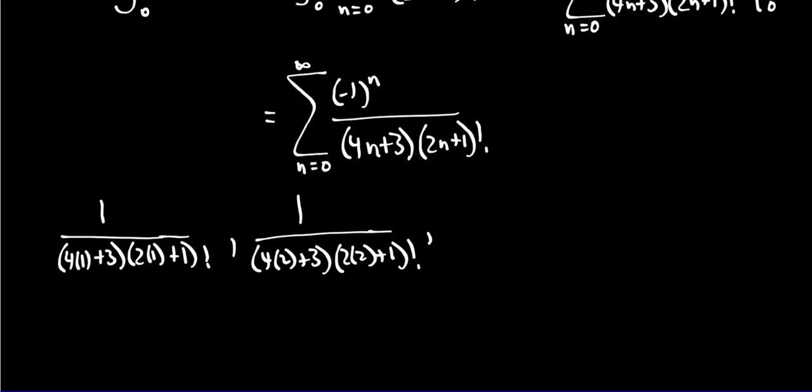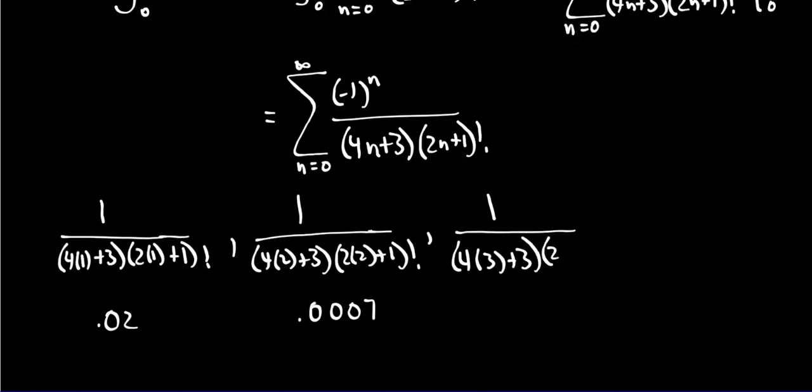When you start plugging these numbers in, this one gives about 0.02, which is not what we're looking for. If you look at the next one, where we put in a 2, this one gives 0.0007. Not exactly what we're looking for. So the next value is going to be what we're looking for: 4 times 3 plus 3 and 2 times 3 plus 1 factorial.